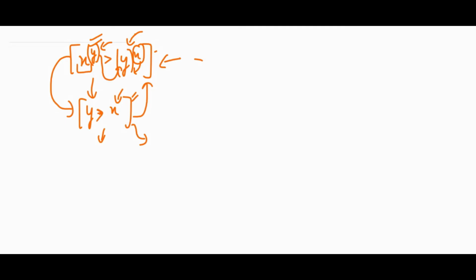Let's say x is 5 and y is 6. So 5 to the power 6 is greater than 6 to the power 5, right? Why? Because 5 to the power 6 is something around 15,000, and 6 to the power 5 is something like 7,000.